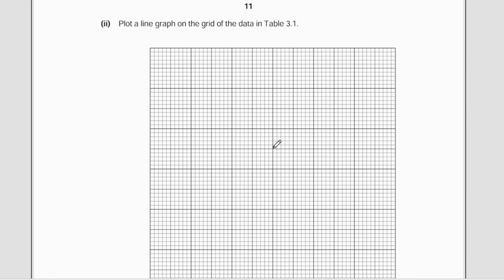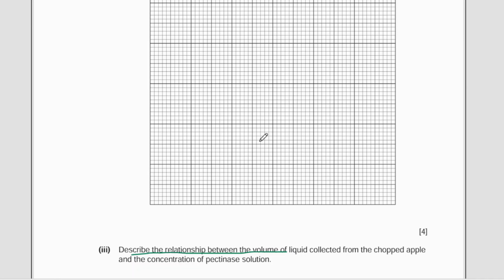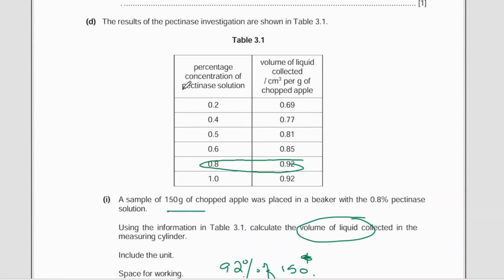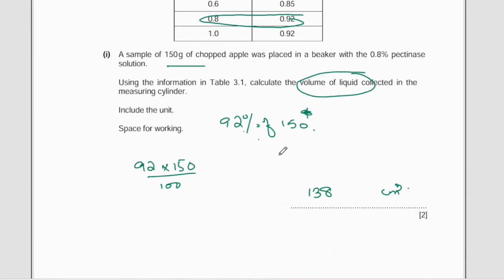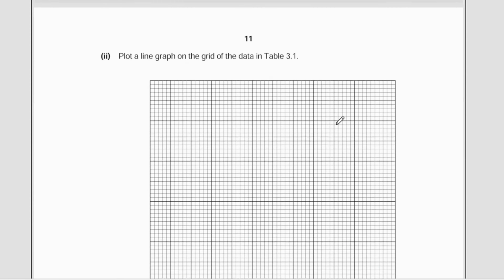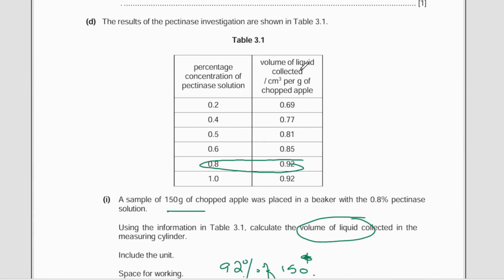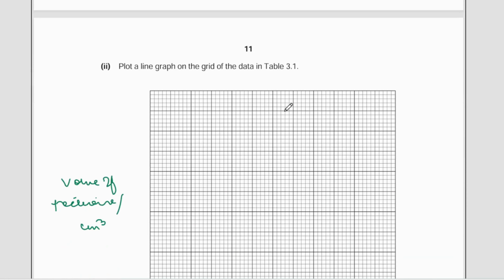What would you take at the x-axis and what would you take at the y-axis? Good. So what would be your units? Volume of pectinase or volume of juice? Liquid collected. Okay, then I should correct it: volume of liquid collected.